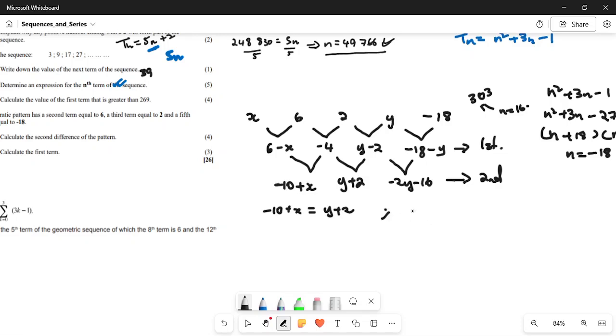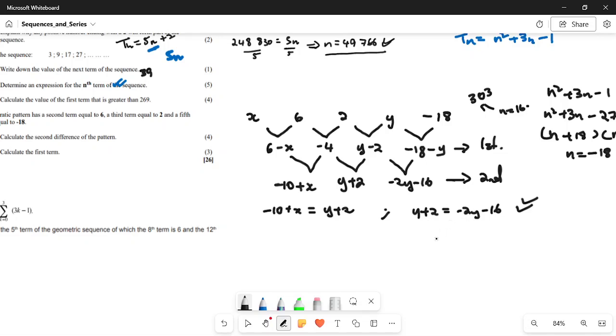And similarly, I'm expecting y plus 2 to be equal to minus 2y minus 16. To get a whole number for my second difference, let me work with this equation, because in this case I've got only one unknown variable, which is y. So I need to solve for y here, and once I know my value of y, I can find what my second difference is.